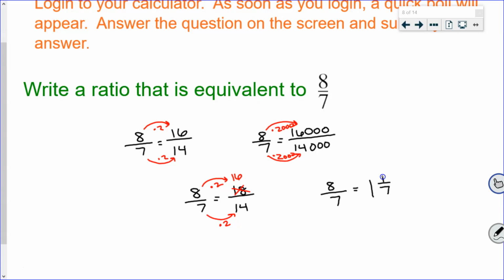See if you can figure out what's wrong with this one, because I had 2 students enter this. Okay, talk to me now. Come back to me. What is the mistake that was made, Savannah?